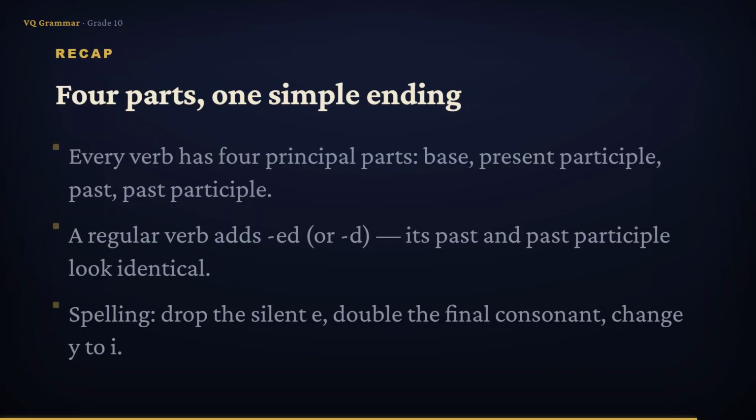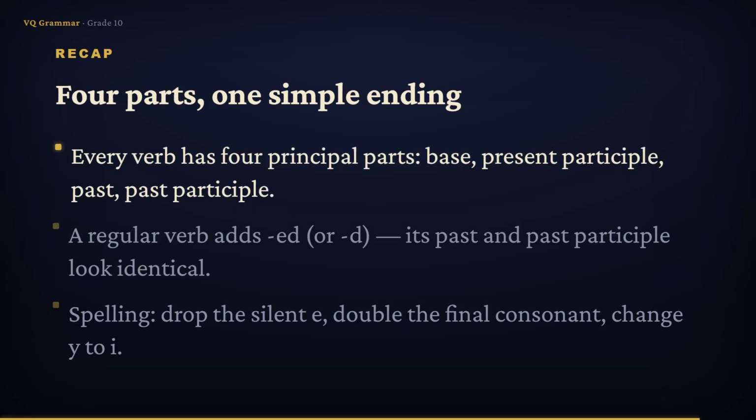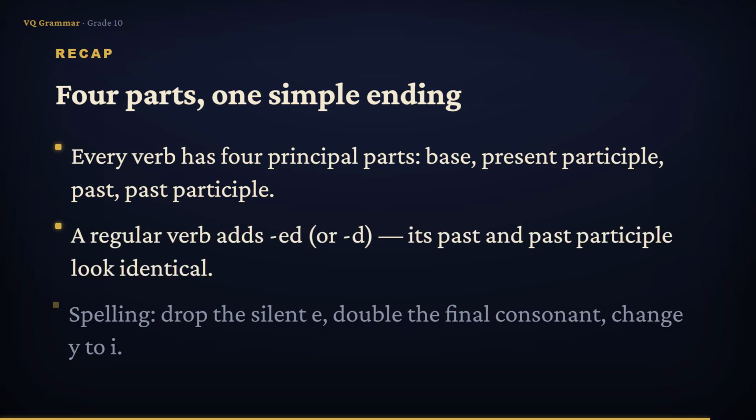Let's gather it all up. Every verb has 4 principal parts: the base, the present participle, the past, and the past participle. A regular verb builds its past and its past participle the simple way, by adding the ending to the base, and those 2 forms come out looking exactly alike.